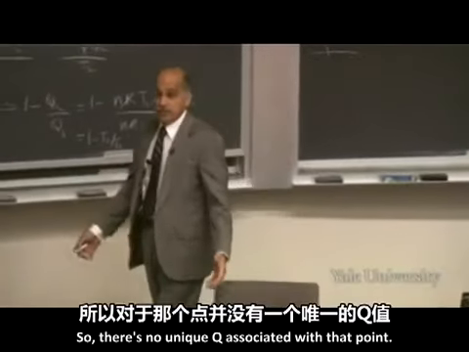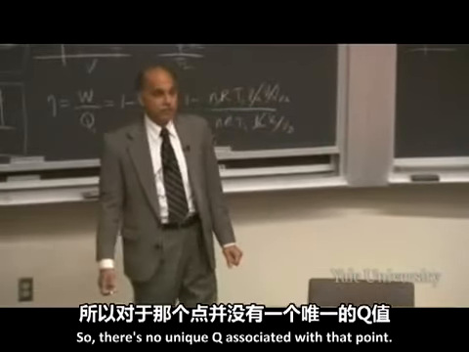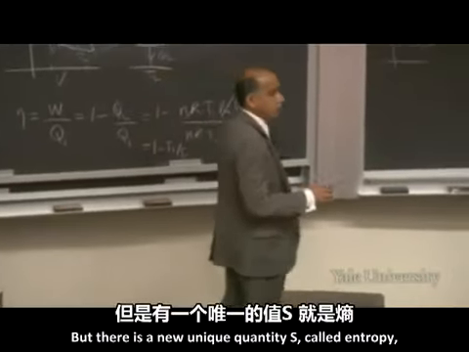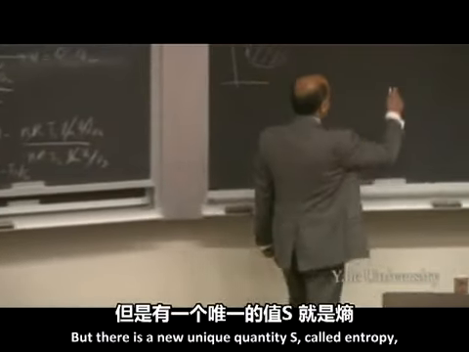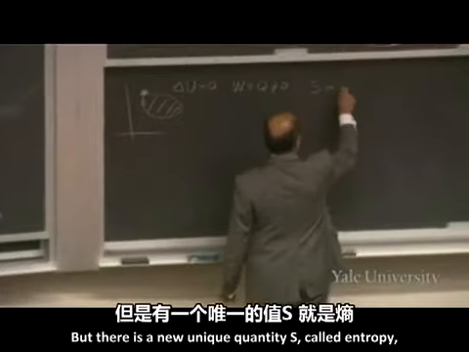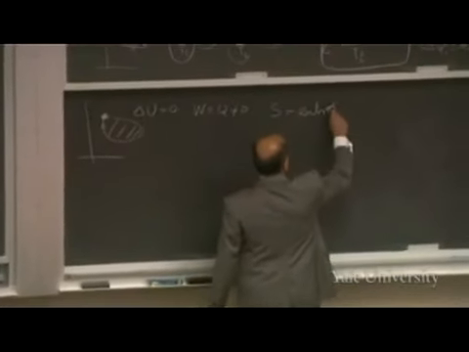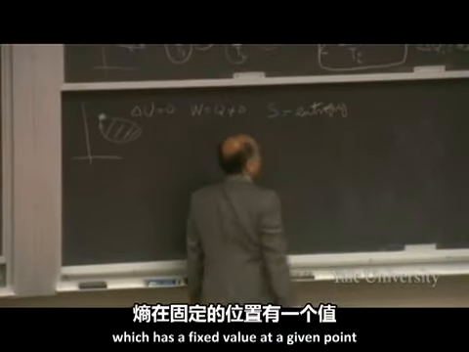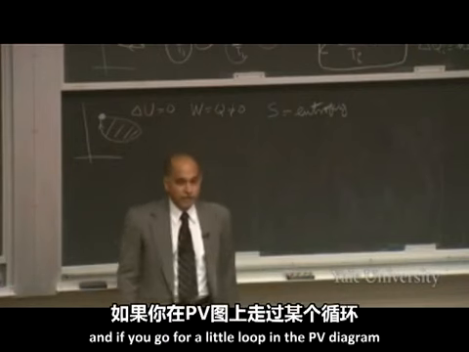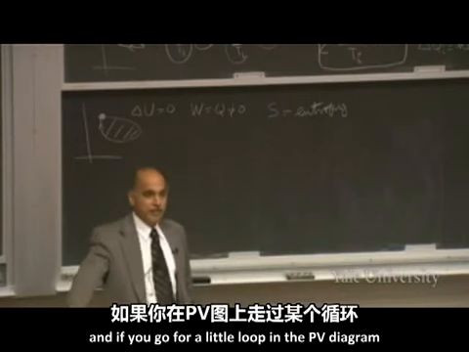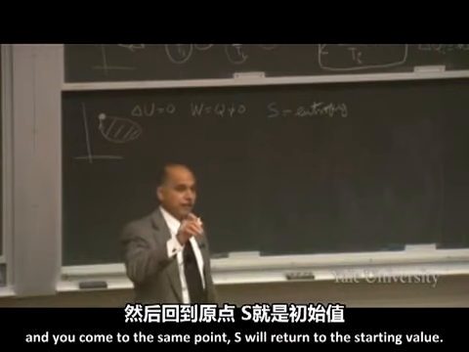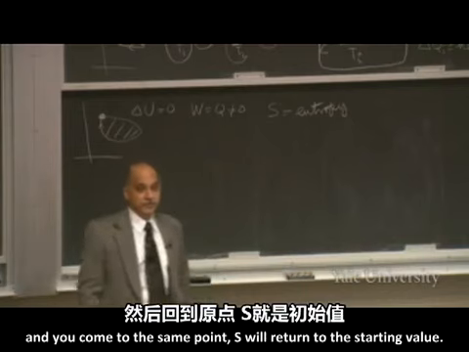So there's no unique Q associated with that point. But there is a new unique quantity, S, called entropy, which has a fixed value at a given point. And if you go for a little loop in the PV diagram and you come to the same point, S will return to the starting value.